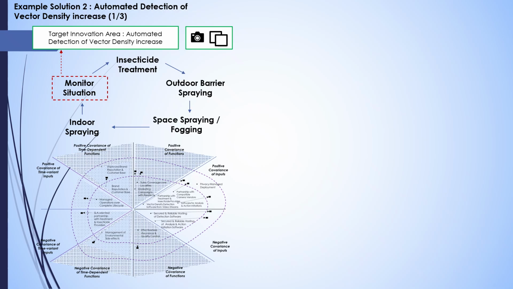Vector density detection software from video streams, software for analysis and action initiation, partnership with compatible camera vendors, secured and reliable hosting for both the detection software and the analysis and action initiation platform, partnership with treatment and insecticide providers, sales coverage over localities, marketing campaigns with resident communities, brand reputation and customer base, managed operations over the complete life cycle, effectiveness assurance and quality control, and management of environmental side effects, each one essential, each one carefully positioned in the solution architecture.